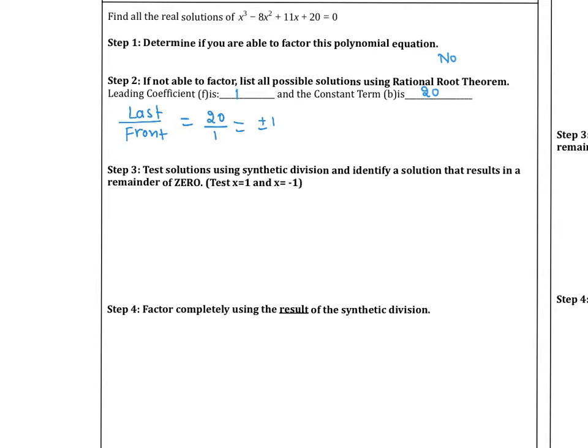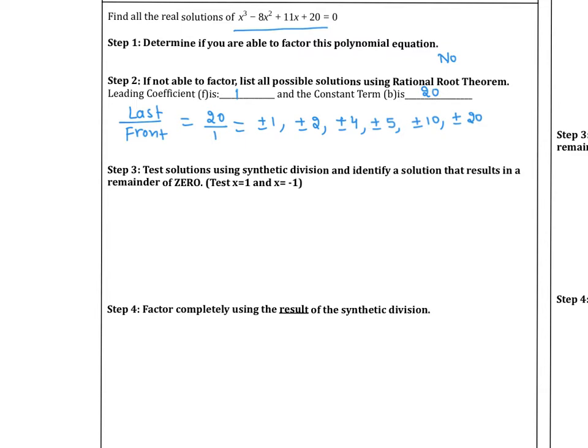Integer means you're going to take positive numbers as well as negative numbers. Plus or minus 2, plus or minus 4, plus or minus 5, plus or minus 10, plus or minus 20. So these are the possible factors that can divide this polynomial completely.